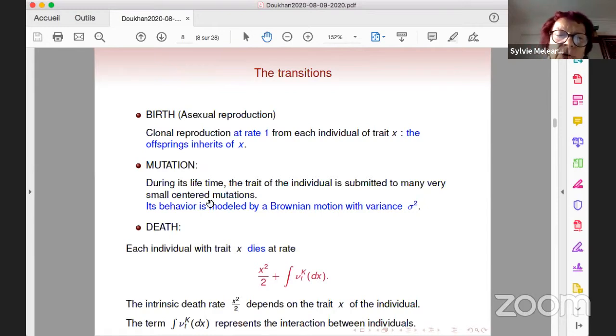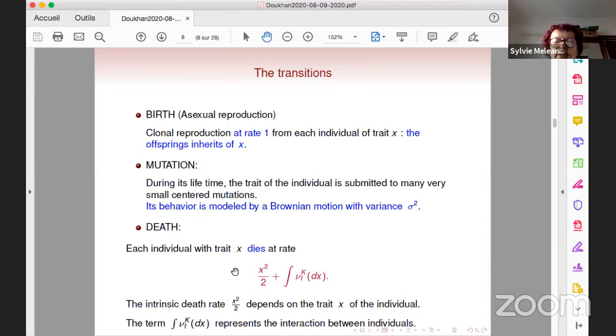We assume that during the individual's lifetime, the trait of the individual is subject to many small and subtle variations, and so we will model it by a Brownian motion with a certain variance sigma squared. And I also have death: the individual dies either from its own death rate or due to the competition between the other individuals.